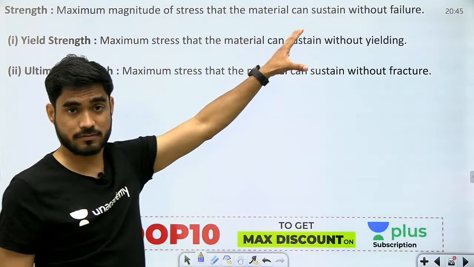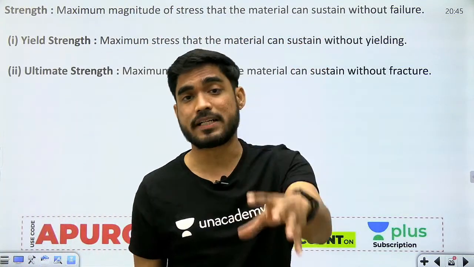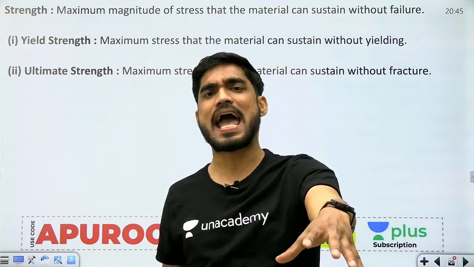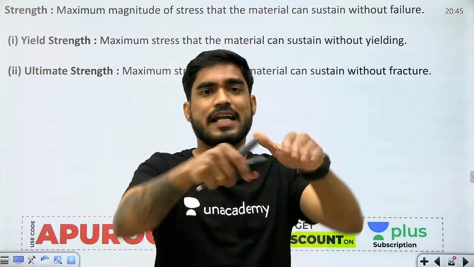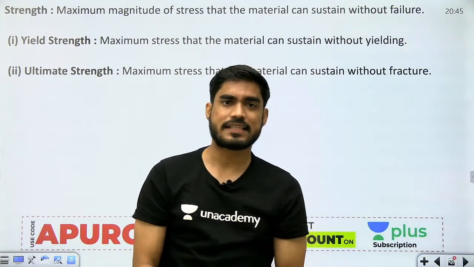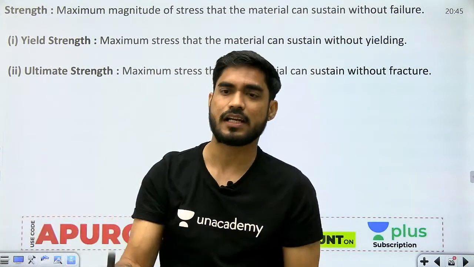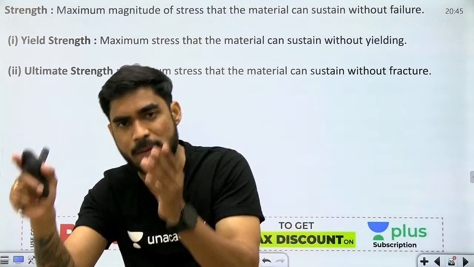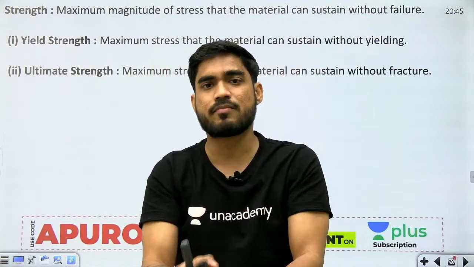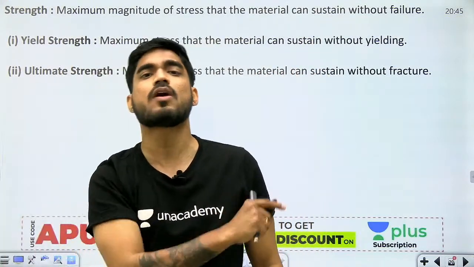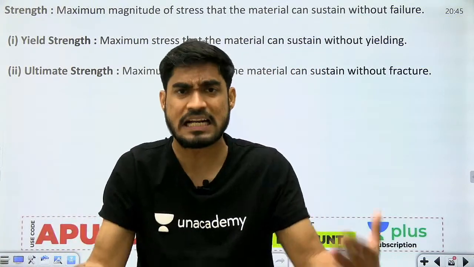that material. For example, if a material can maximum have 200 megapascal, after 200 megapascal it breaks, I will say that the strength of this material is 200. If you apply more than 200, the material is going to fail. So your maximum stress should always be less than 200. So this material will never fail.